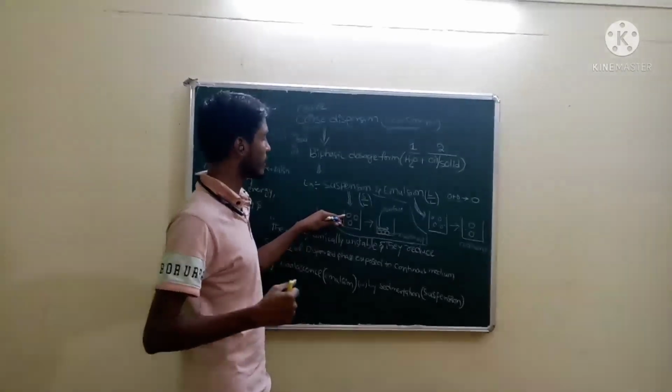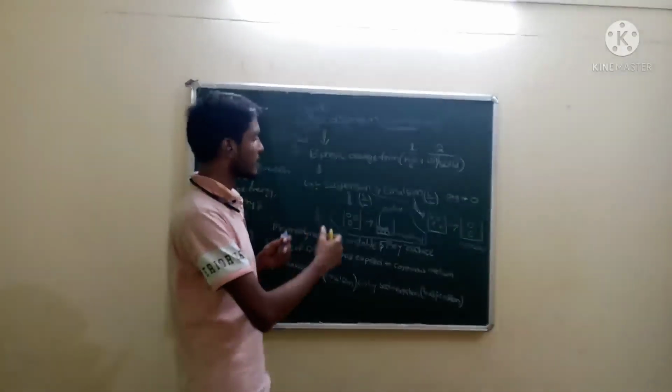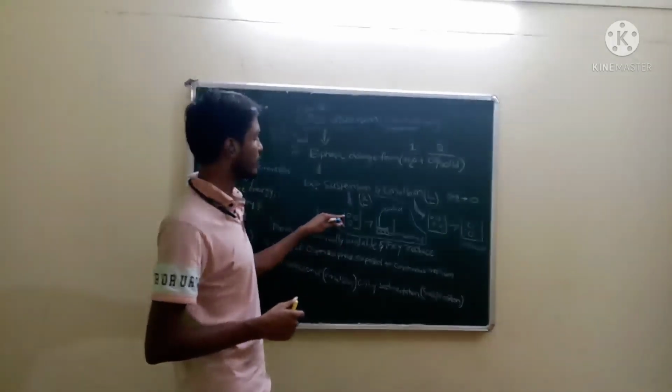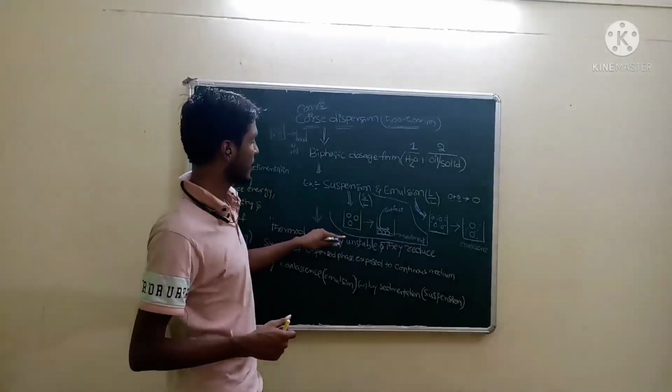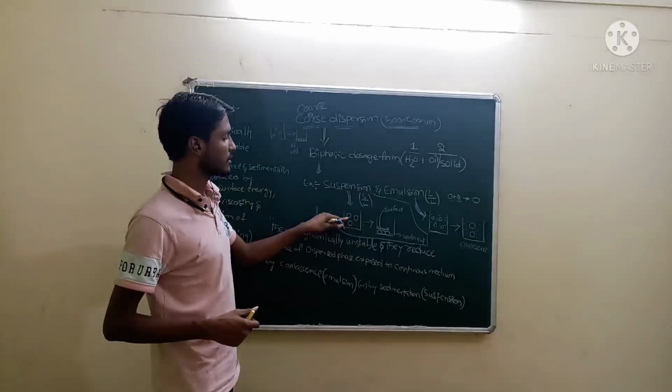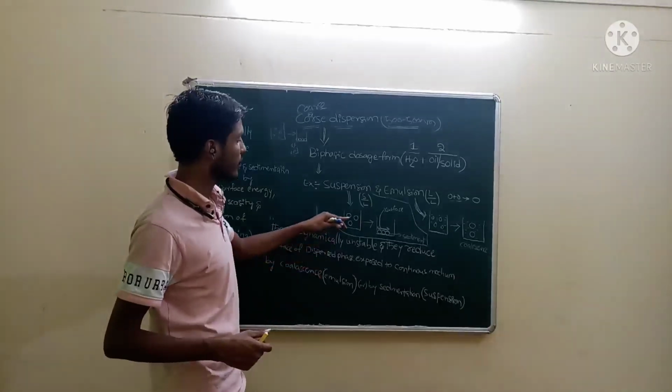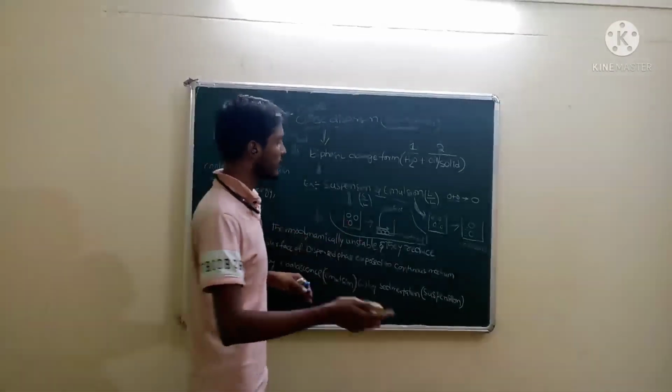When particles have more energy, they are always in motion, which means the particles are at a higher energy state. Then they come to a lower energy state by reducing their surfaces.